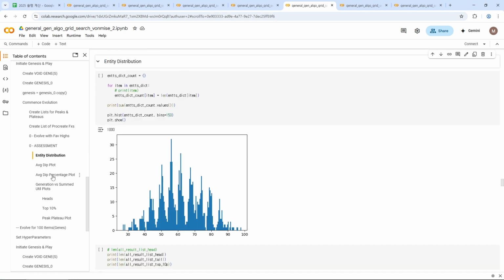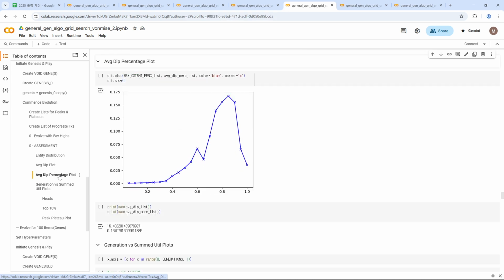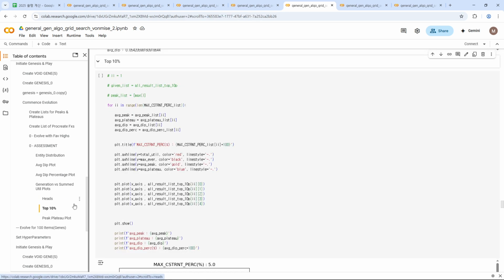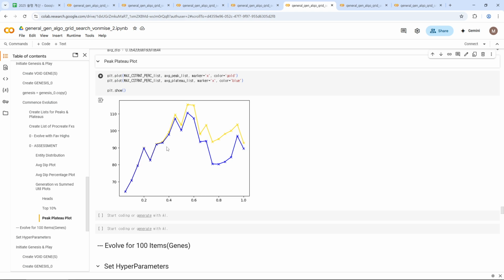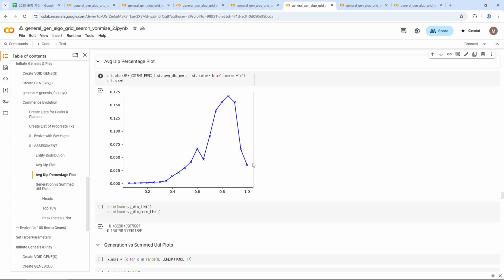Entity distribution for 40 items, average dip plot, average dip percentage plot, yeah, heads, tops, okay, peak plateau, again around 70, but these are really fat dips. Yeah, because they're all 16 at 16%, the dips.